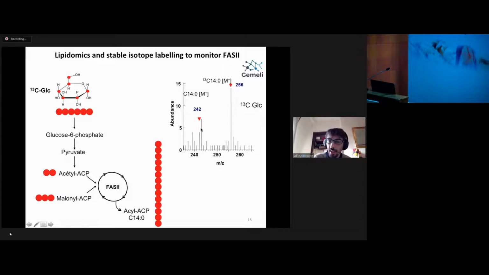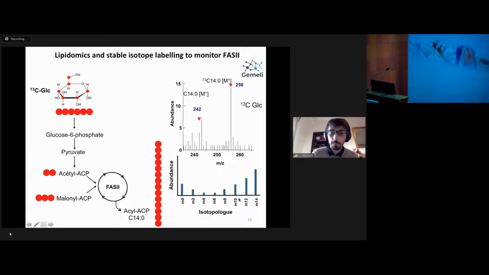Theoretically, you have the unlabeled fatty acids here with this mass of 242 for 14 carbons. But when they're labeled, this is what we see, a mass at 256. And if you make the difference, 256 minus 242 equals 14. So you can then quantify the amount of carbon that has been incorporated in the chain. And that's the principle of how we measure the activity of the FAS2 pathway.